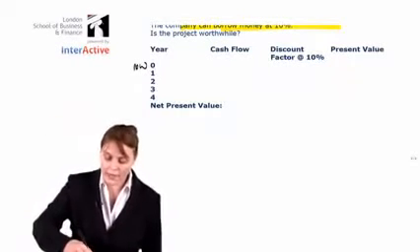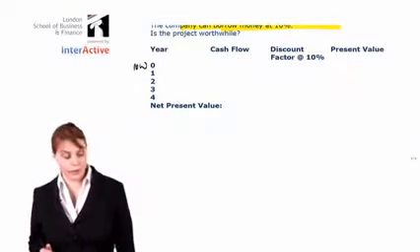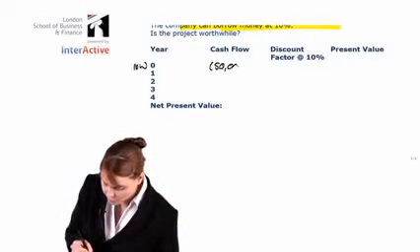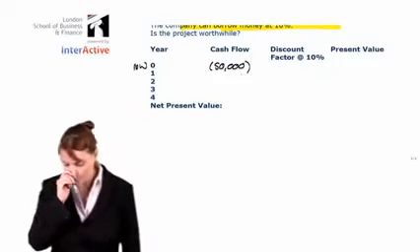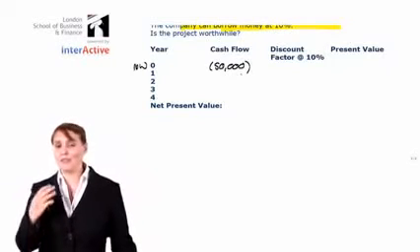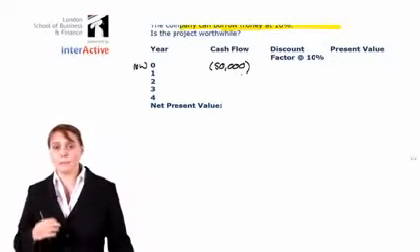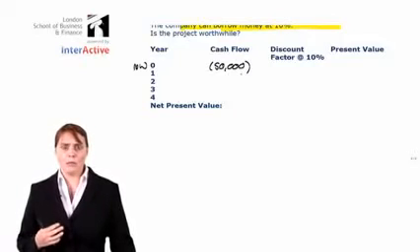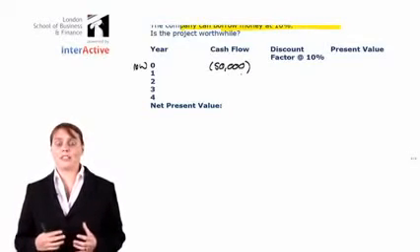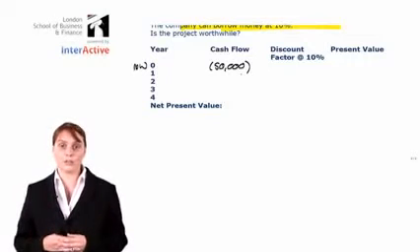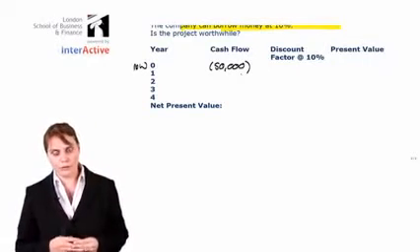First of all, right now, what is our cash flow going to be? That'll be our initial cash outflow of 50,000. What is the discount factor for $50,000 paid out now? If it's paid out now, we don't have to discount or consider the time value of money because it's not a cash flow at some point in the future.